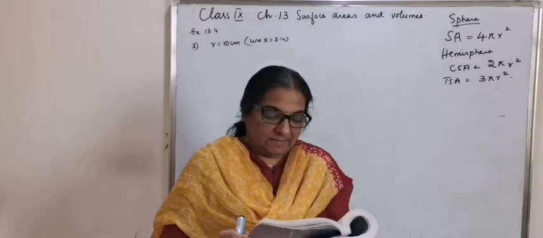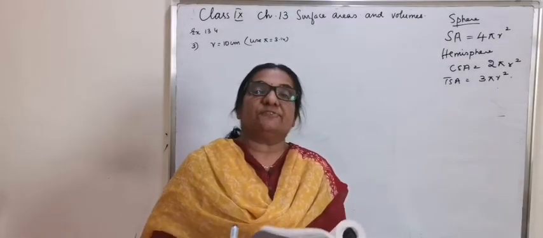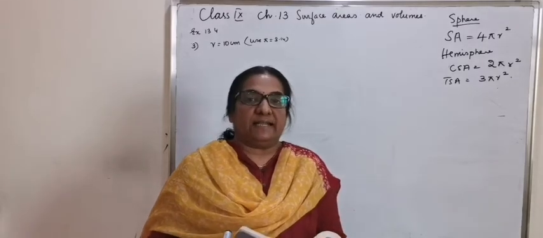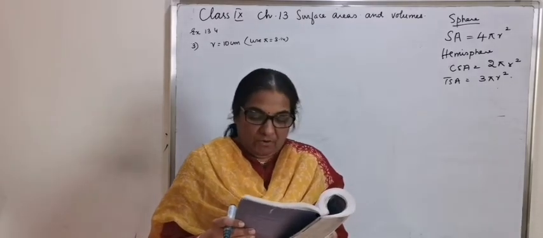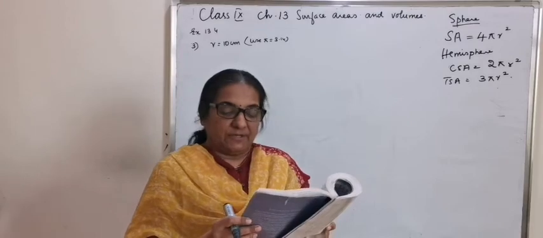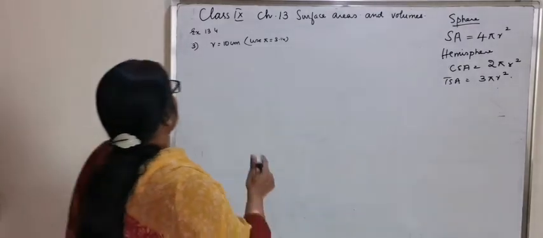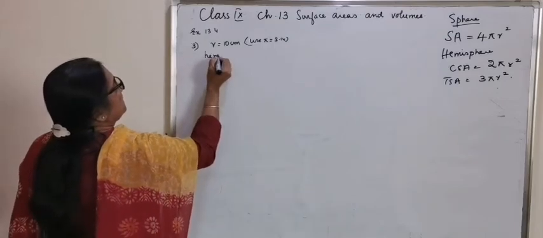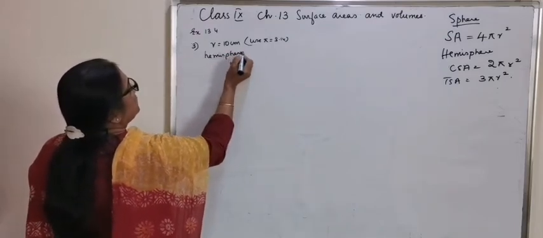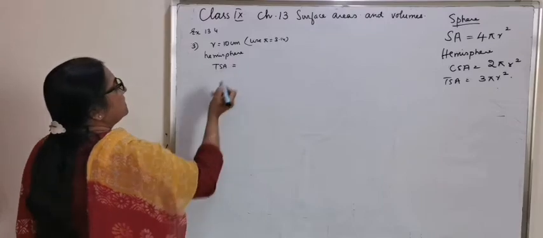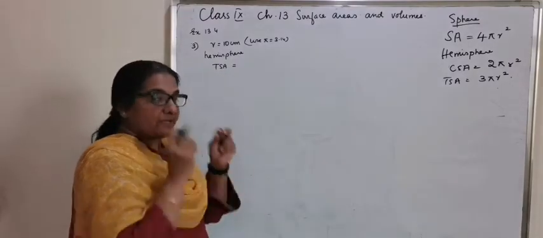Question 3. Find the total surface area of a hemisphere. Underline the word hemisphere, of radius 10 centimeter and use pi is equal to 3.14. So it is a hemisphere, and you have to find the total surface area. What's the formula for total surface area of a hemisphere?